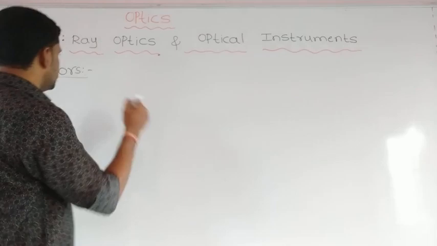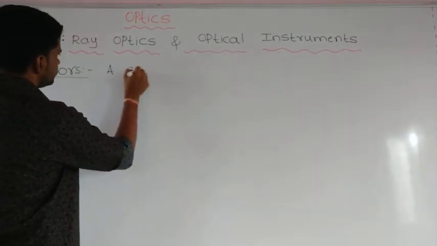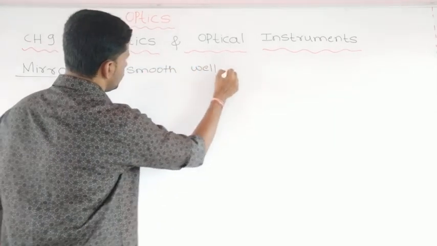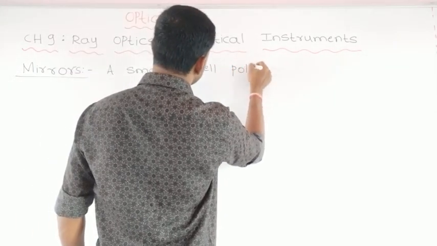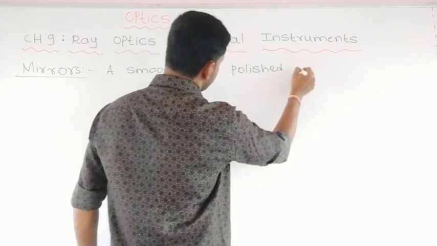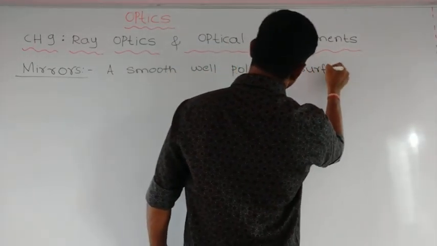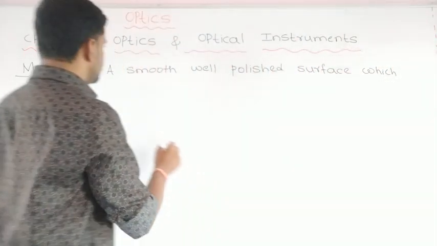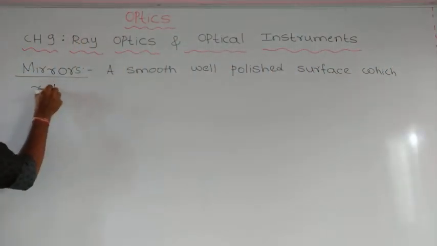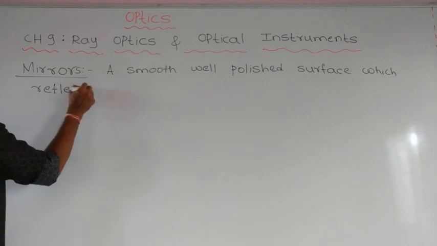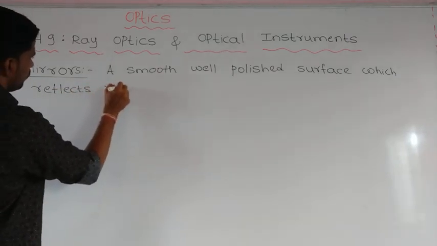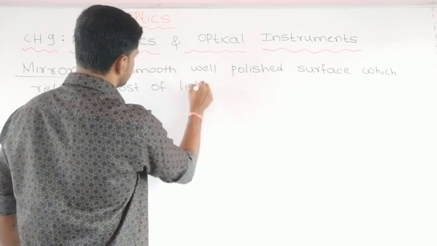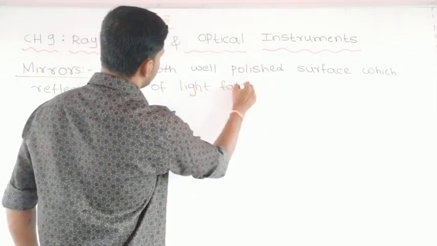So a mirror is a smooth, well-polished surface which reflects most of the light falling on it.